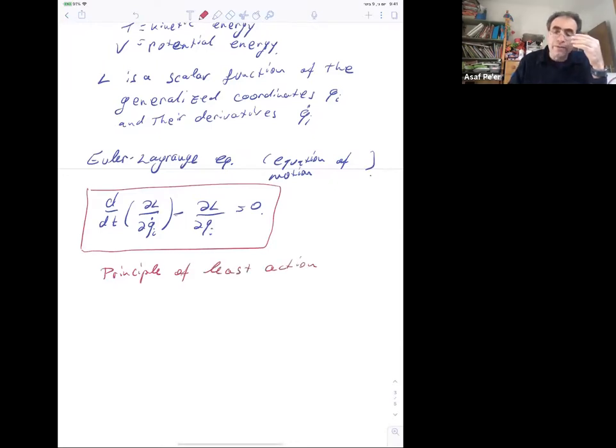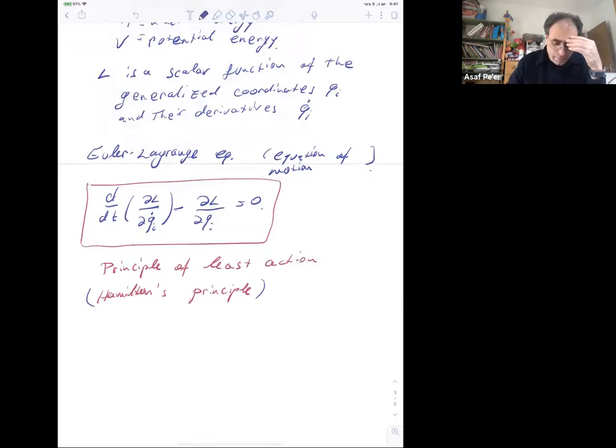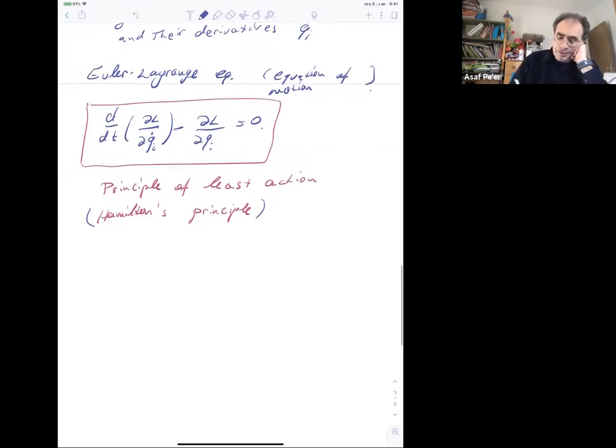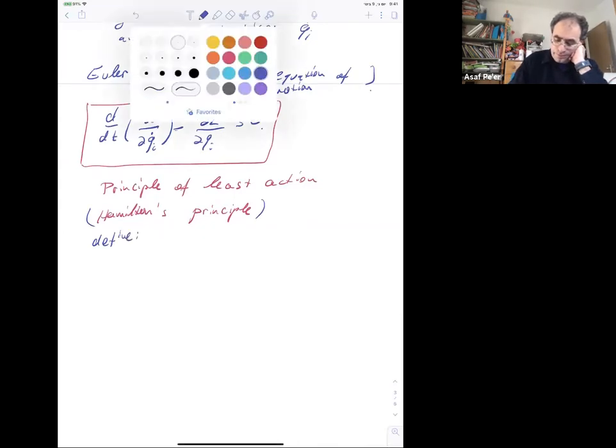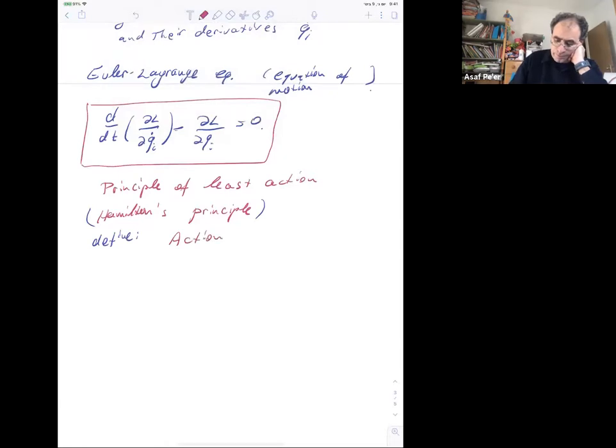Another name for that is the Hamilton principle, which uses the quantity known as the action, S, the integral from t1 to t2 of L dt, right?